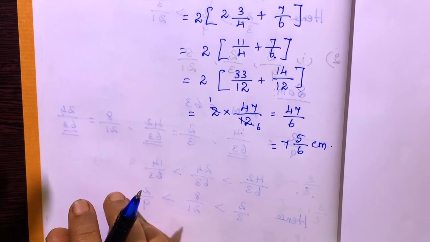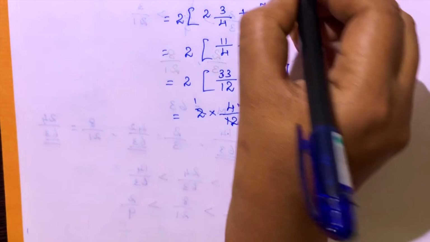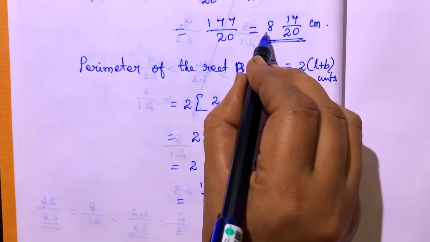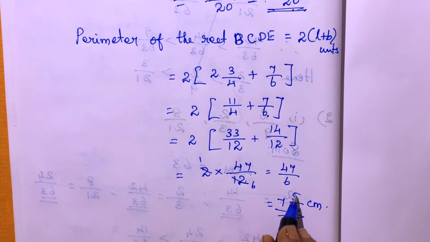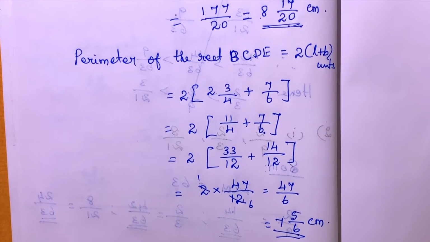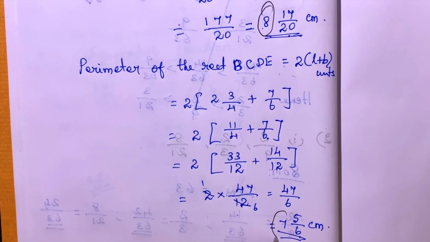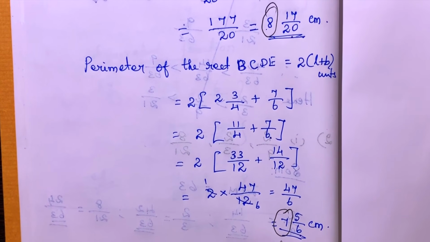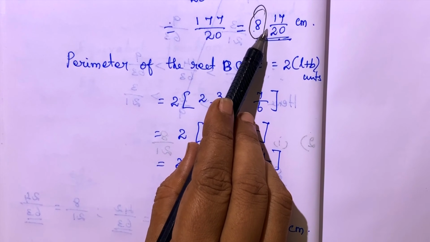Now the question they have asked is whose perimeter is greater. So here you have got 8 17/20. Here you have 7 5/6. Just look at the whole numbers alone in the answer. Here the whole number is 8. Here the whole number is 7. So which is greater, you know very well, obviously this is greater.